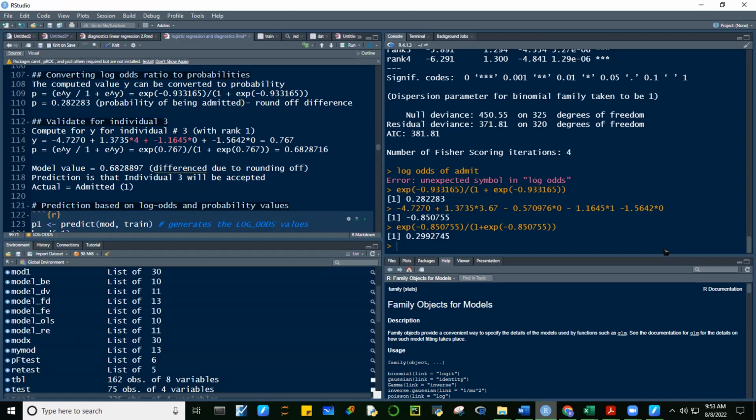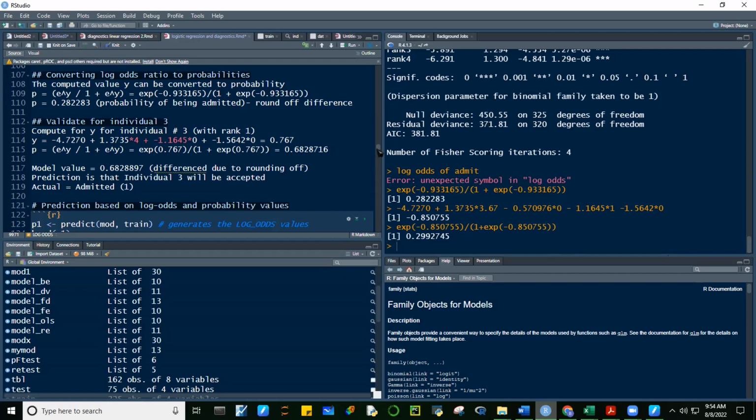Yung Y natin is your log odds ratio. So whatever value you get for Y, when you compute it for each of the individual observations, you need to convert it kasi log odds ratio yon. It's so difficult to interpret what a log odds ratio is.